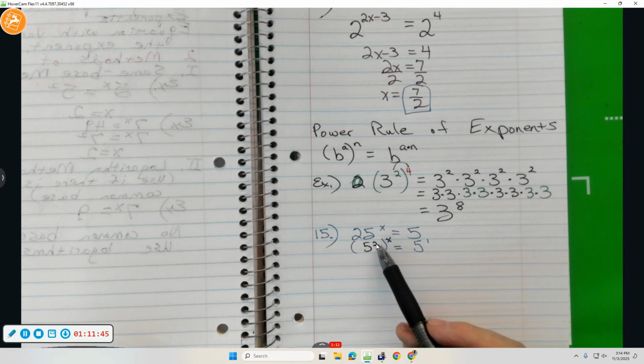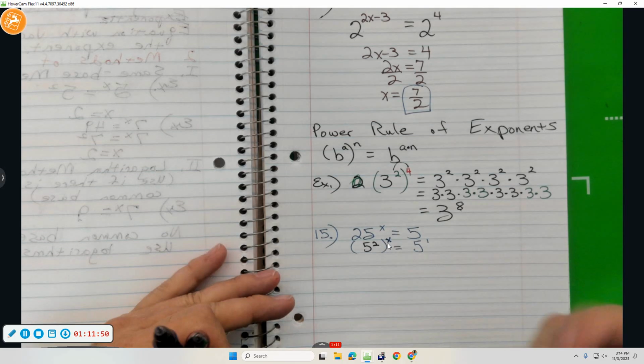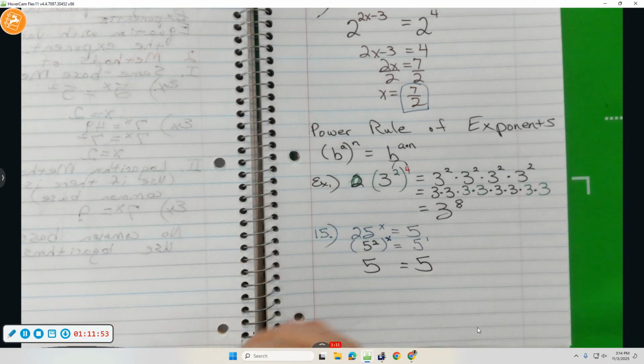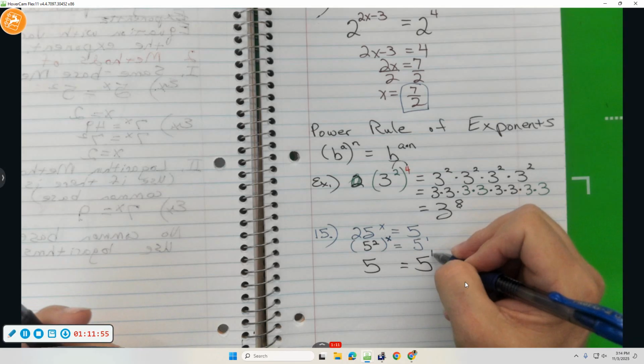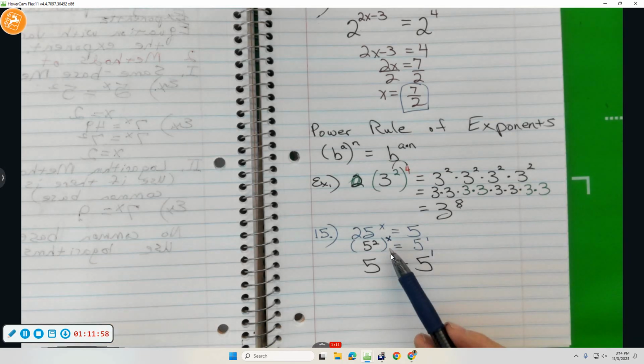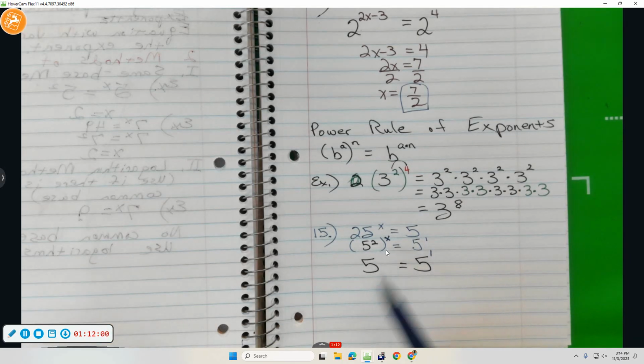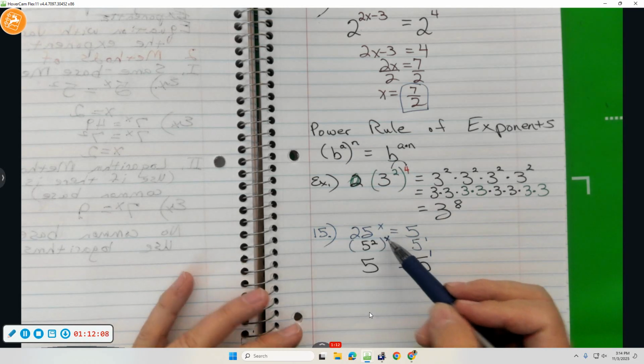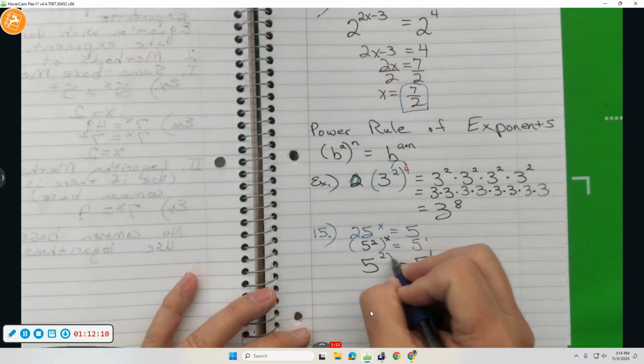And look at that, we have a power raised to a power. What are we going to do with that 2 and x? We know the exponent over here is a 1. What exponent do we have on the left-hand side? Power raised to a power, so you multiply: 2 times x gives me a 2x.